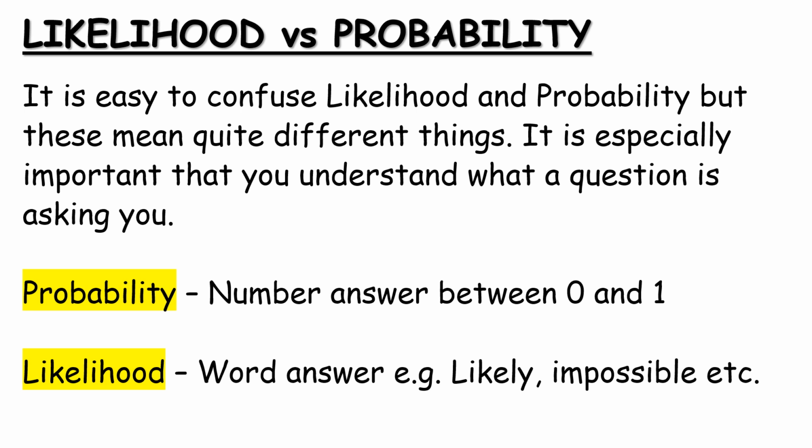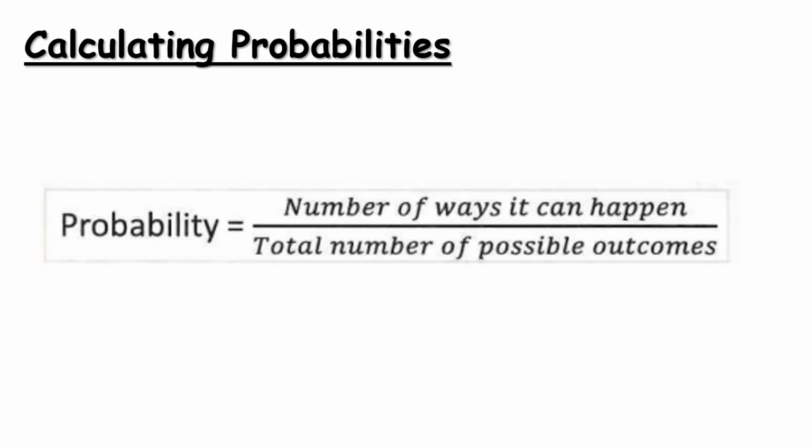However, if you're asked for probability, they want a number answer between 0 and 1. That answer can be a decimal, a percentage, or a fraction. When I'm working with probabilities, we are going to think of it as the number of ways it can happen over the number of possible outcomes.